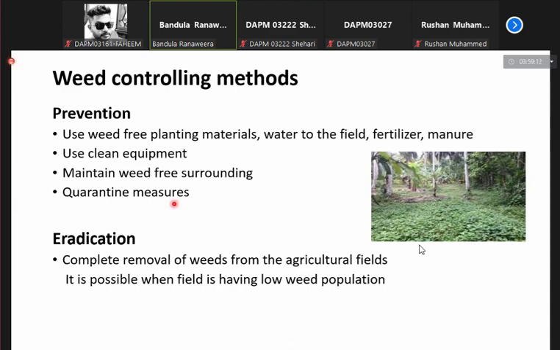For example, when we import planting material from some other country, it is checked for extraneous weed seeds. If there are any weed propagules, not only seeds but any other viable propagule, then permission for entry of that consignment will not be given.